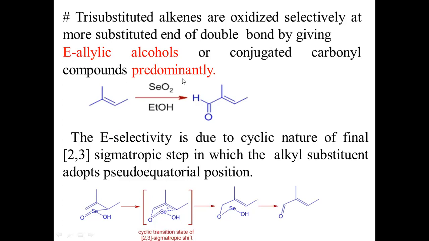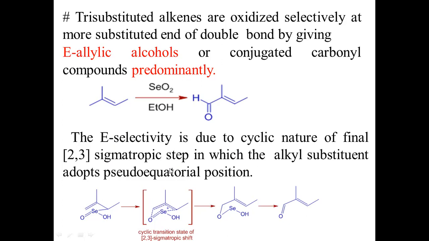This is because the mechanism mainly depends upon the transition state which is followed. Here the E selectivity is due to the cyclic nature of the final 2,3 sigmatropic step.